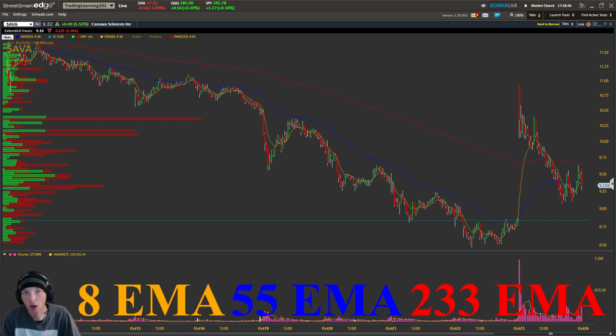And this is just all personal preference. I'm always messing around with different numbers and plotting them on my charts and different time frames as well. For the 10-minute chart, I like to keep them a little bit on the low side using the 8, the 55, and the 233 EMA. And as I said, this is all just personal preference.